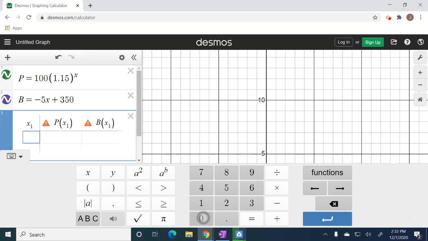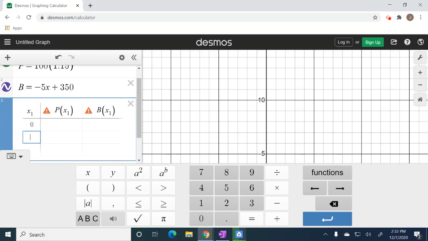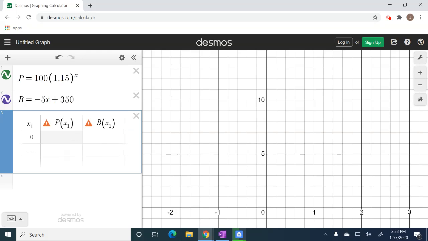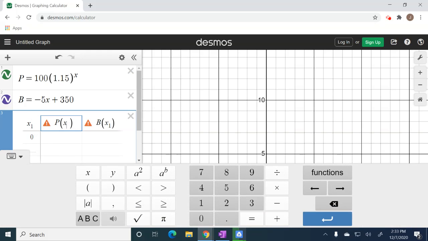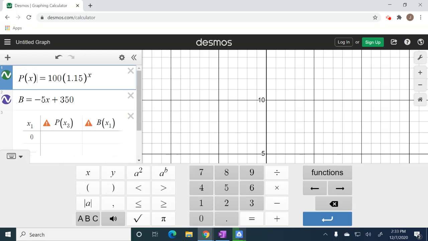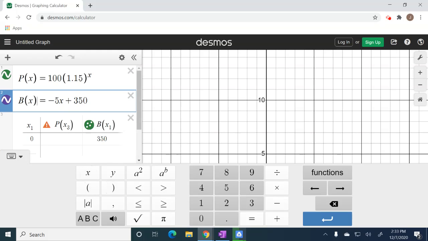All right, so month 0, too many variables in defining x. All right, let's change it to like x3 then. Let me say p of x then. Is that what it wants? Does that make it happy? There we go.